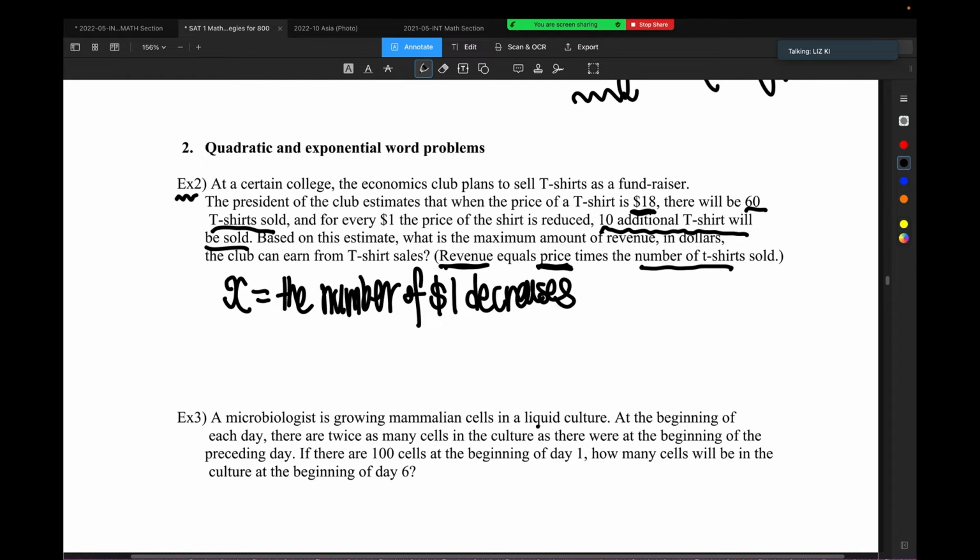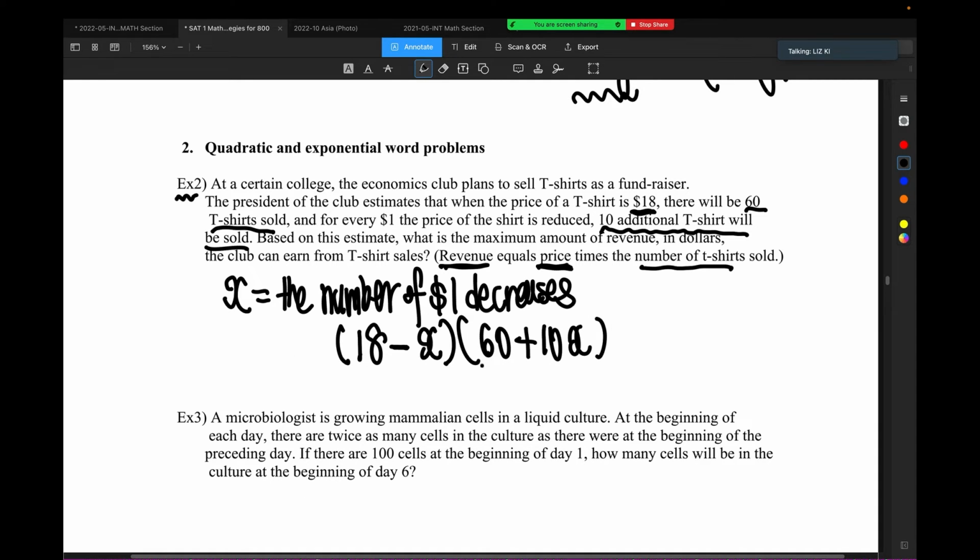How much will you cut? This is the x value. And let's find the price of a T-shirt. We have to start from 18. Then when you reduce the price of the T-shirt by x, what about the sales? Start from 60 plus 10x.